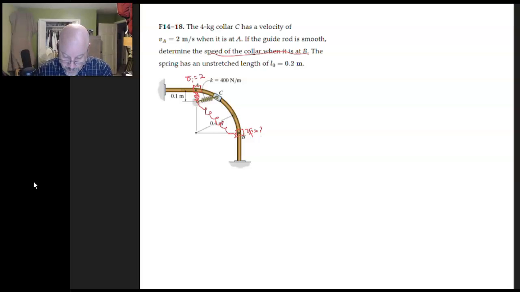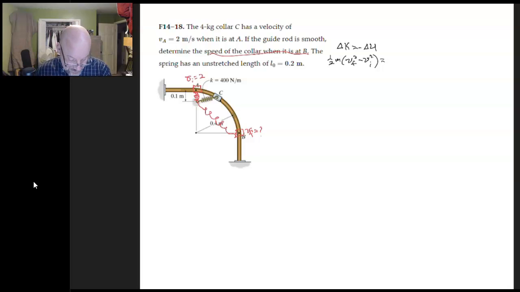So let's come up here and it's got our delta K minus delta U, just like this. And so we'll have a half m v final squared minus v initial squared. It's kind of nice in the last problem where that term was just 0.